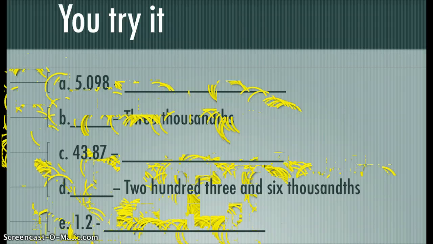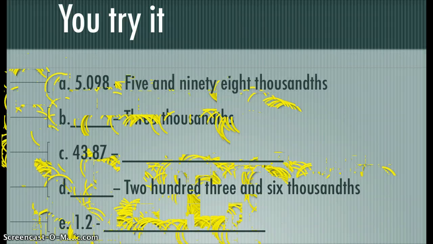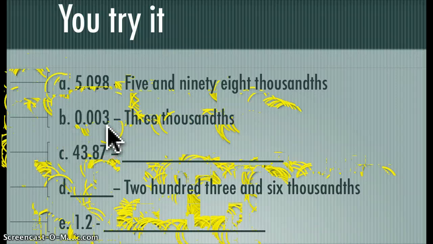Let's go through the answers now. The answer to A is 5 and, for the decimal point, 98 thousandths. The answer to B is 3 thousandths. It's okay if you said 0 and 3 thousandths. Those are the same.